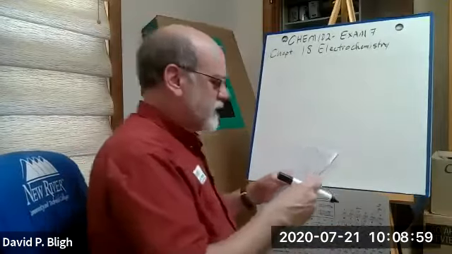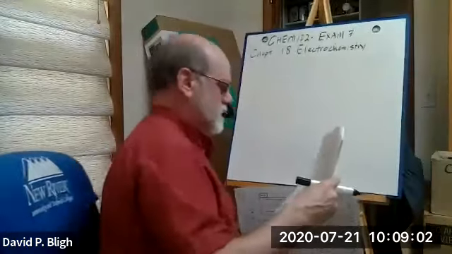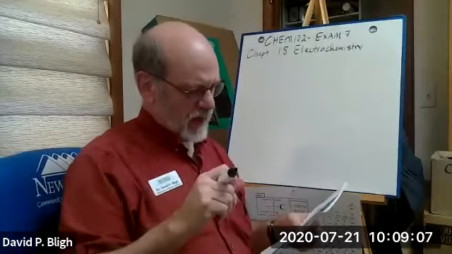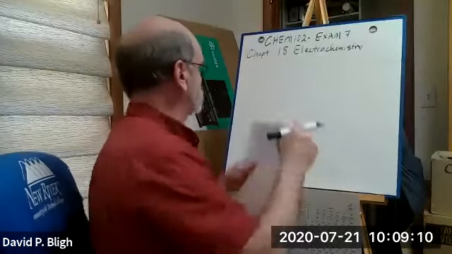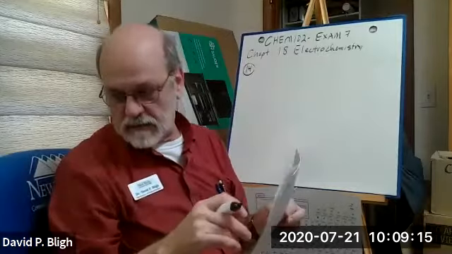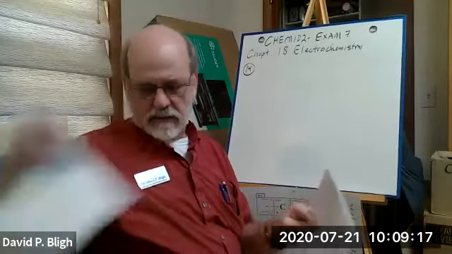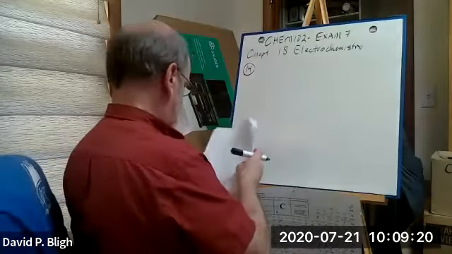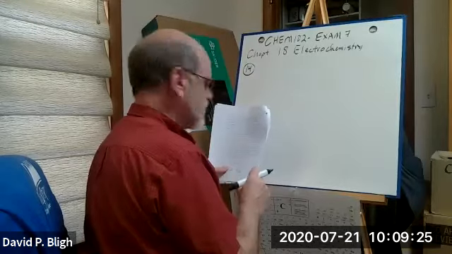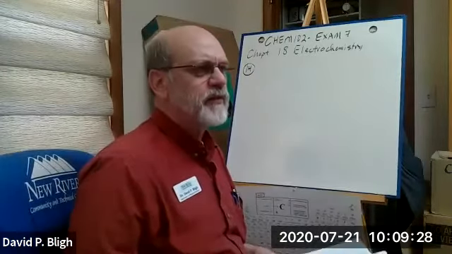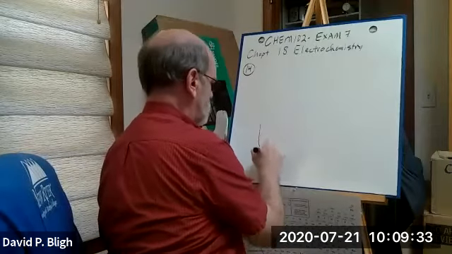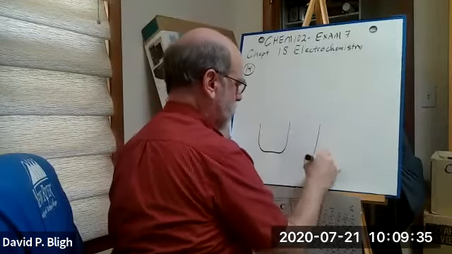Okay, we're given the galvanic cell, and it might be valuable to draw it. So for 14, let's see, we normally put the anode on the left, and the cathode on the right.